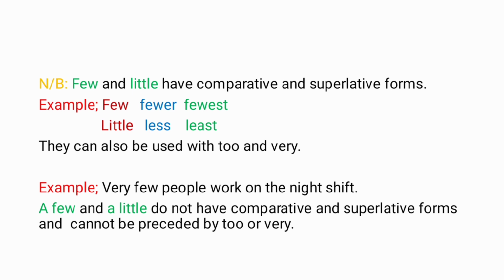Our next slide is, you should note that few and little have comparative and superlative forms. For example, few can be used in the comparative form as fewer and in the superlative form as fewest. Little can also be used in its comparative form as less and in its superlative form as least.